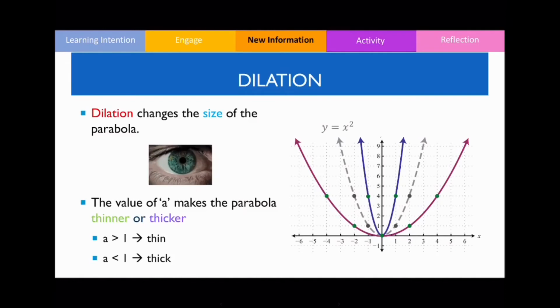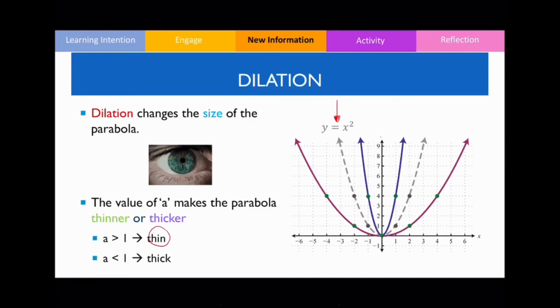Any values that are greater than 1, or any large a values, will result in a very thin parabola. If you look on the diagram on the right hand side, the parabola with the gray curve is your y equals x squared, your parent function.